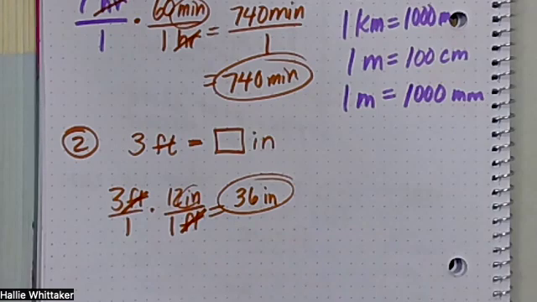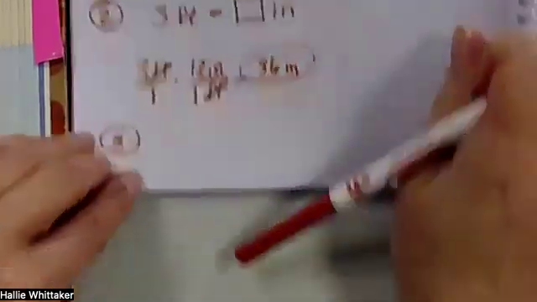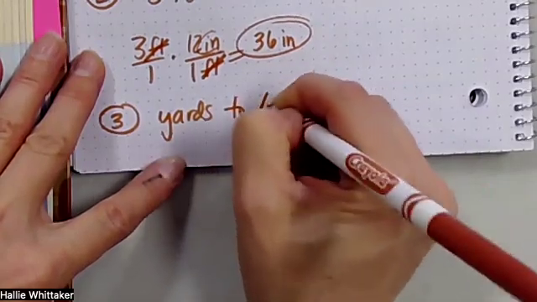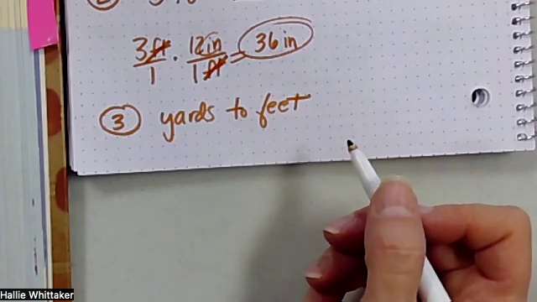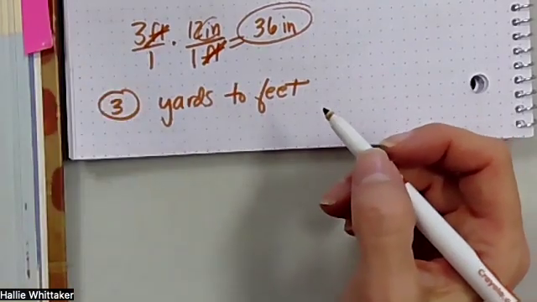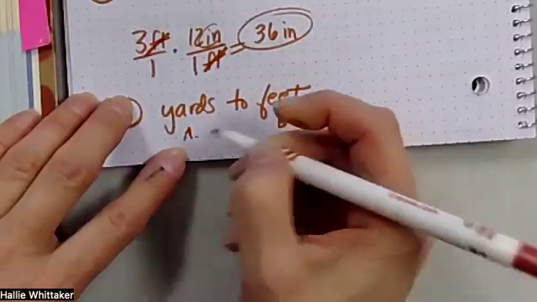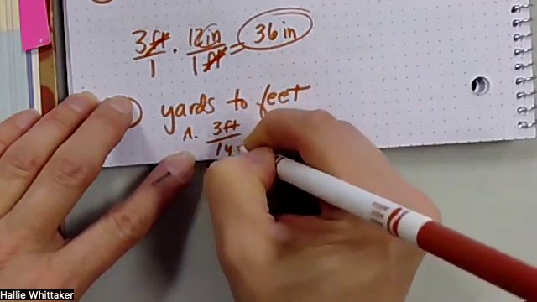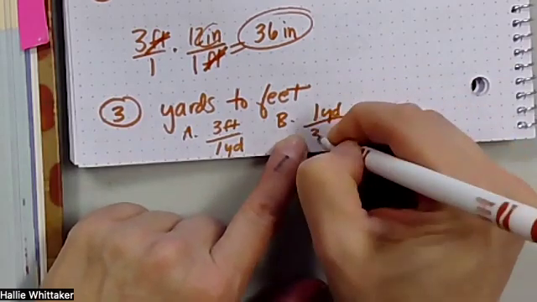Okay. So you will have some simple ones like that. Then you will have some to where they give you yards to feet, and they're asking you which conversion factor to use. Give me a second so I can try to make it clear. Let's say they give you 3 feet and 1 yard is option A. Option B is 1 yard and 3 feet.